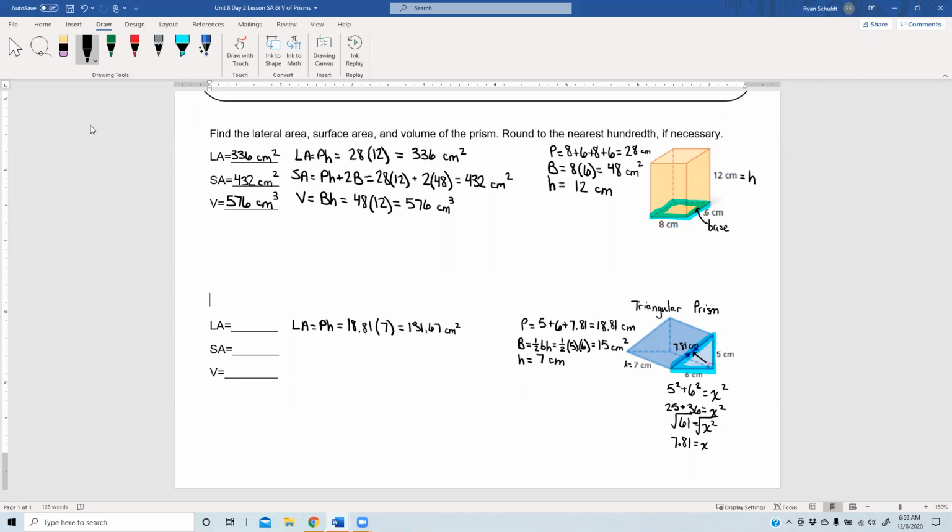Now notice it says round to the nearest hundredth. That's what we need to round to, 2 decimal places. So we're going to say 131.67. In our case, we already kind of did that. Centimeters squared.